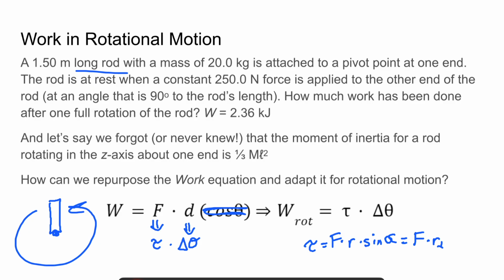So all that's to say that in our torque, we take care of any angle between the force and the distance that force is being applied. And so we don't need that in our rotational equivalent of work here if we're moving through a circle. So this will be sufficient, and we can use that for this problem.